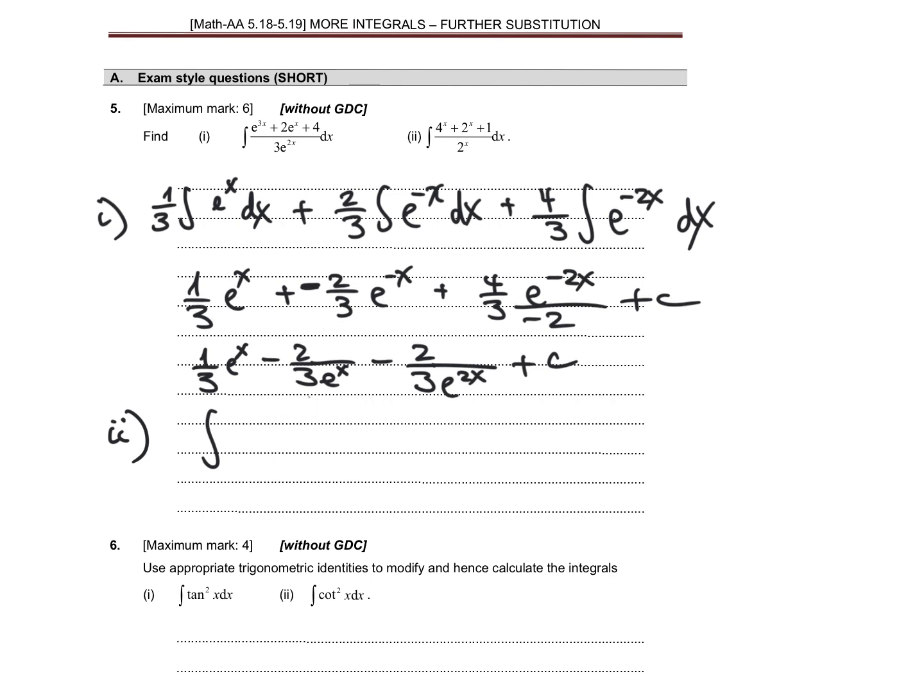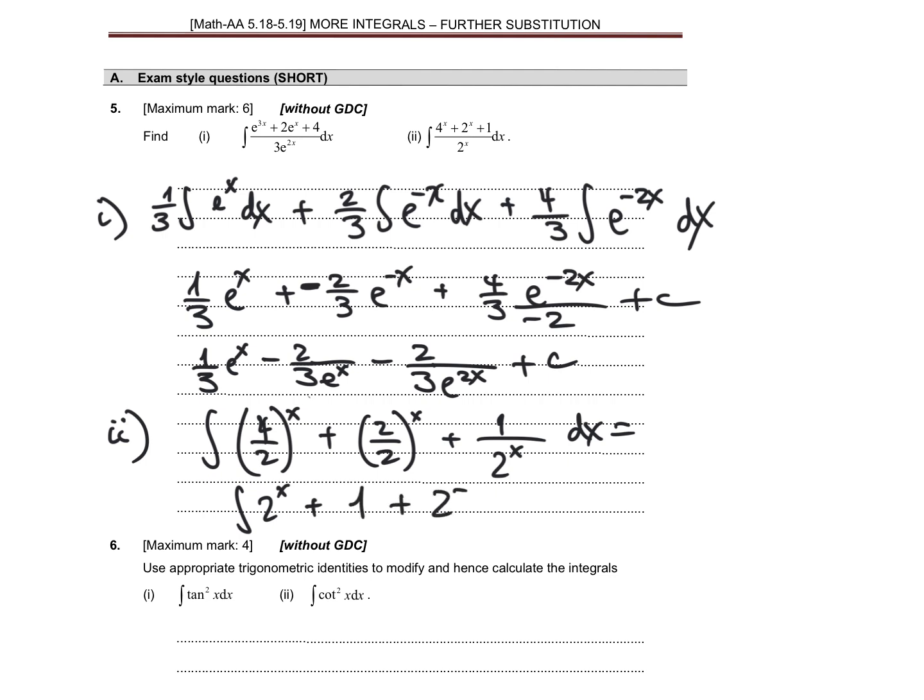You could do it that way, it's fine. But then we should just do 4 over 2 to the x. That's fine as well. And then we're going to have 2 over 2 to the x. And then we're going to have 1 over 2 to the x. So this is 2 to the x. This is just 1. And this, I'll just write 2 to the negative x dx.